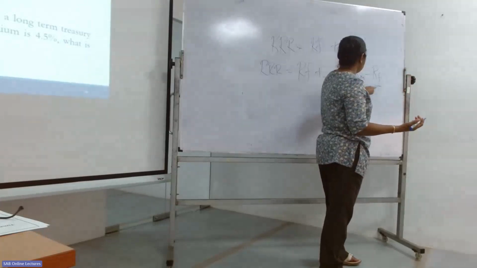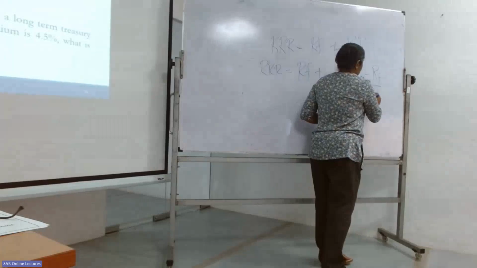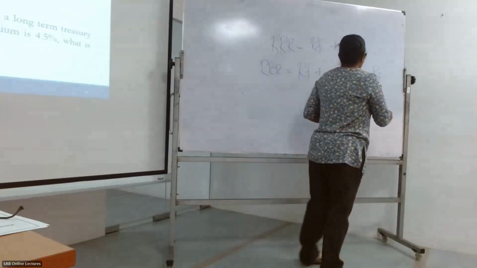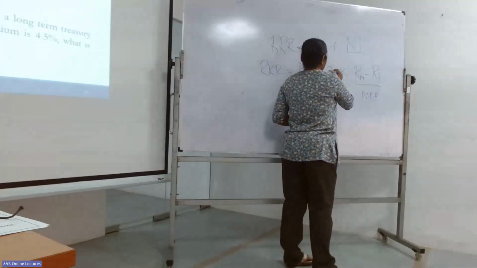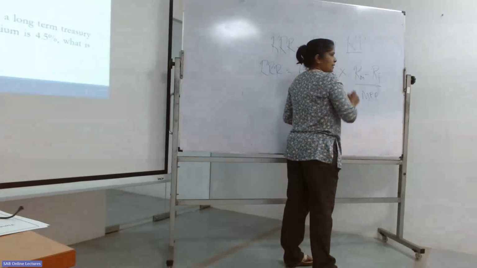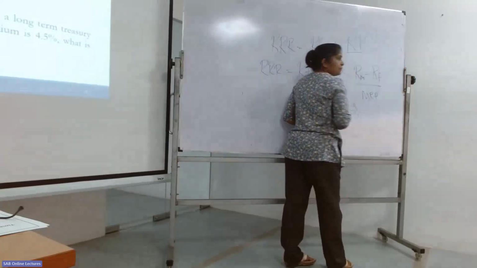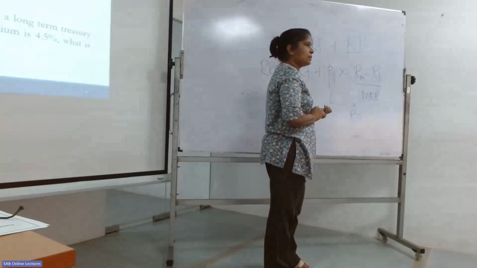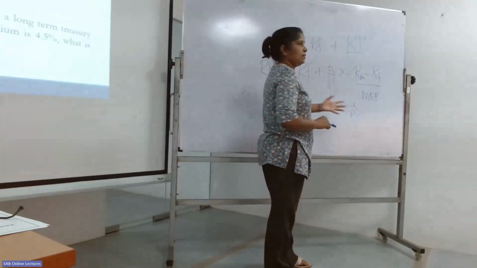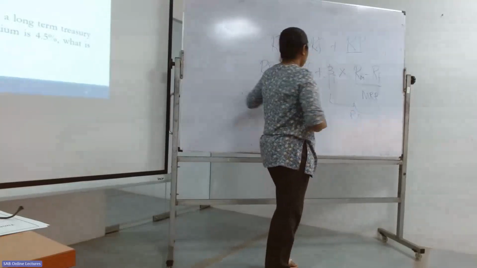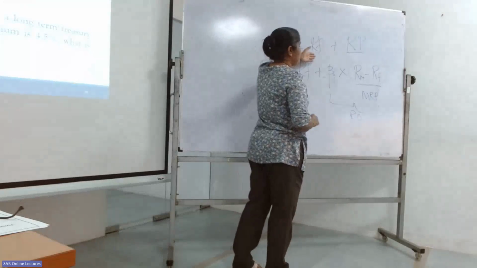That difference we call the market risk premium. The market risk premium multiplied by the relevant beta of your company is what we call the risk premium. So this is the one. Investor required rate of return you can calculate based on the CAPM.